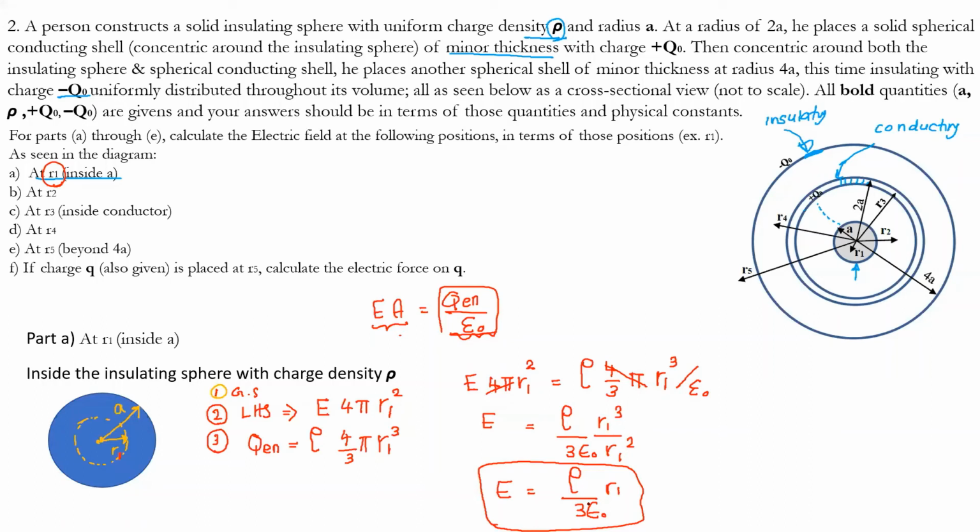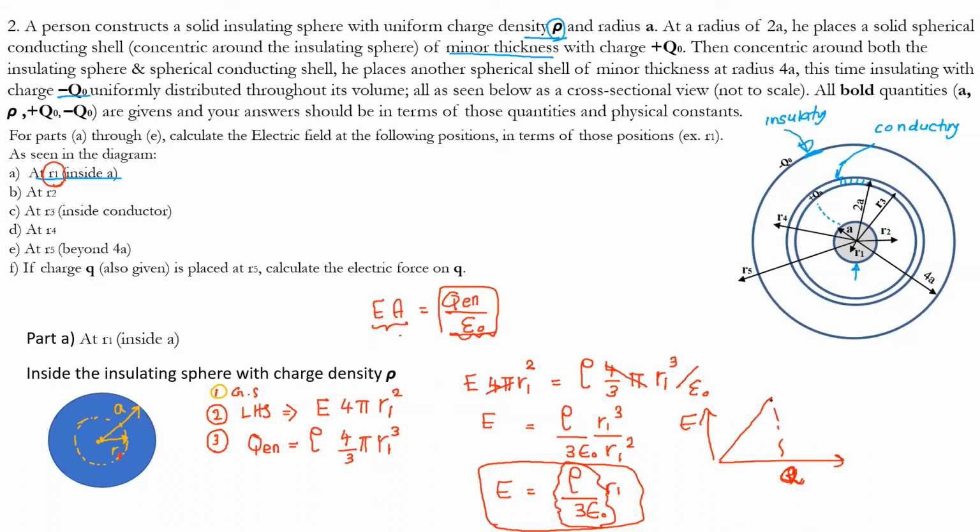So are you okay with this? Here you don't need this, but if I draw it, the electric field increases with the radius till A. Same thing we got before. Here we have constants, R1 is the variable.